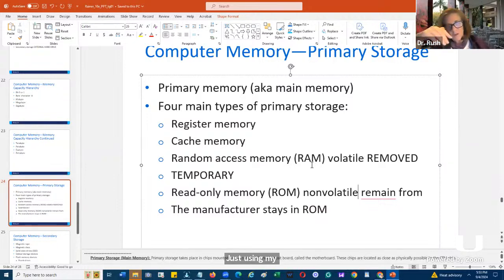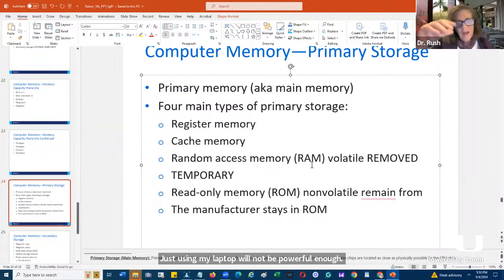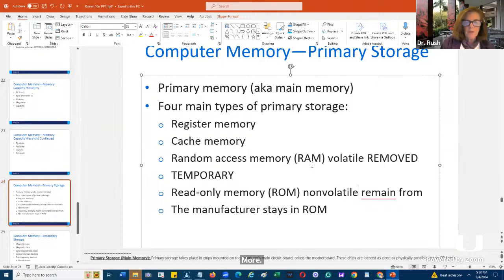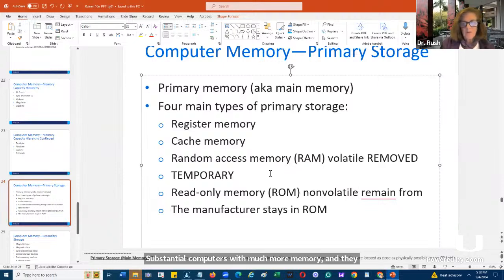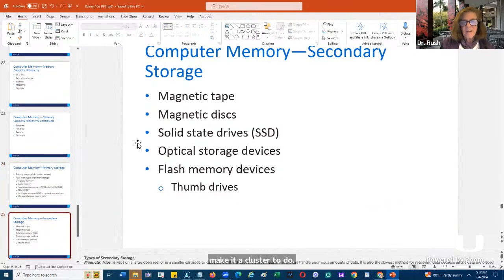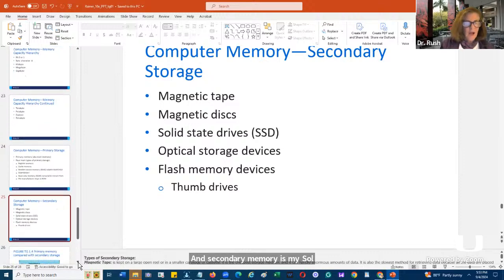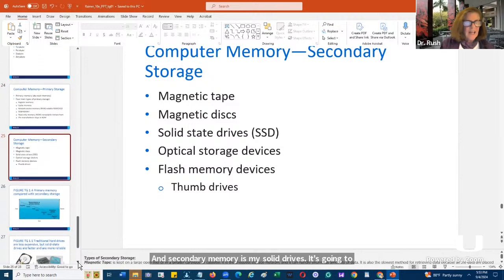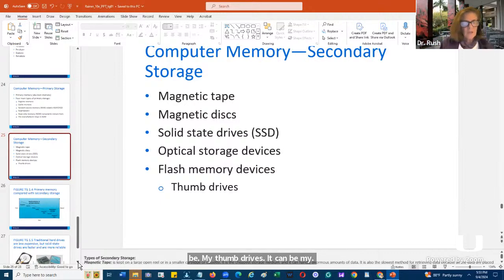I'll have to go to the cloud and they will have more substantial computers with much more memory, and they may even combine a number of computers together and make it a cluster to do it not only faster, but more. And secondary memory is my solid drives. It's going to be my thumb drives. It can be areas in which I can store it.